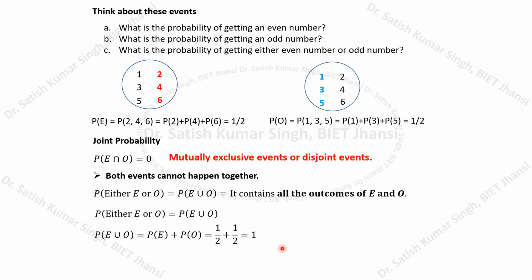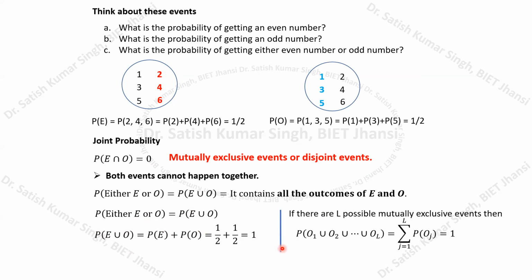Similarly, suppose we have L possible mutually exclusive events. What is a mutually exclusive event? As I just explained, the joint probability of mutually exclusive events is 0. In that case, the probability of getting outcome 1 union outcome 2 union up to outcome L, the summation of all these, is going to be equal to 1.